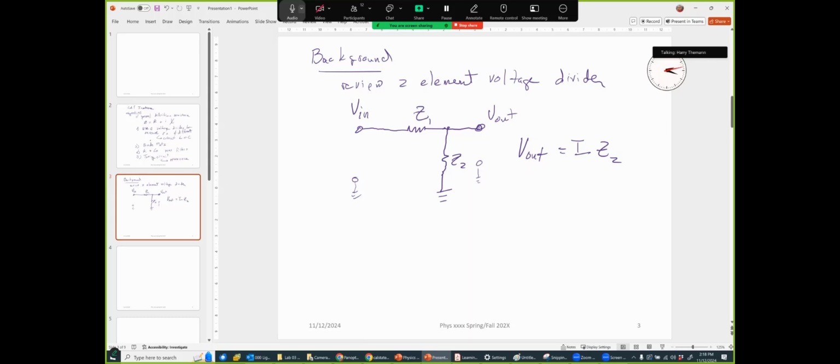And of course, it's not quite that easy. Clausewitz said that the goals of war are very simple, but the steps are incredibly difficult. I hope this is not incredibly difficult. Now, we notice that Z1 and Z2 are in series.